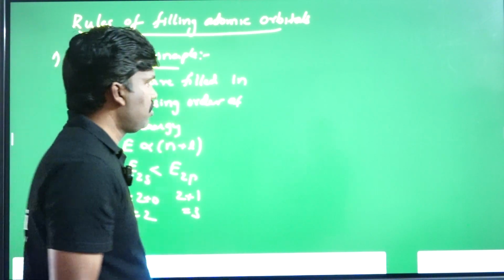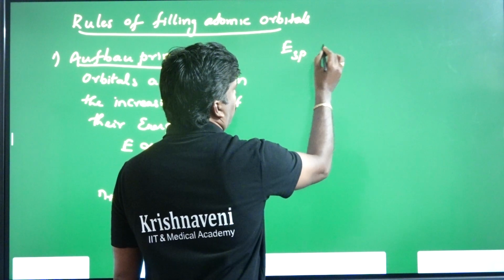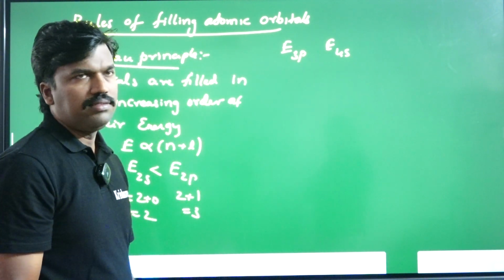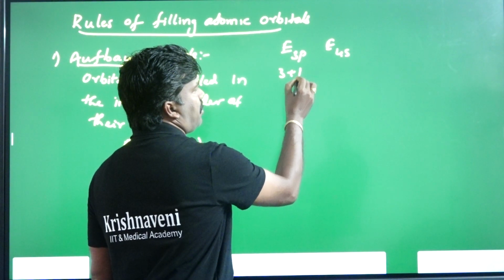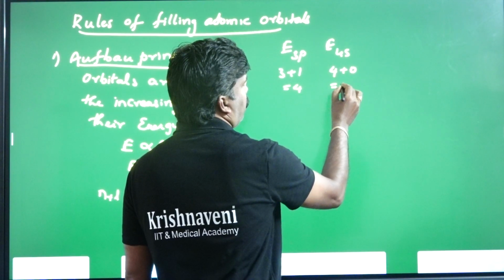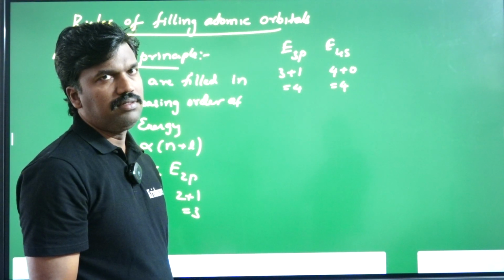Take another case. Energy of 3p, energy of 4s. Which one is greater? Let us find n plus l. 3 plus 1, 4. 4 plus 0, 4. Both have equal n plus l value.